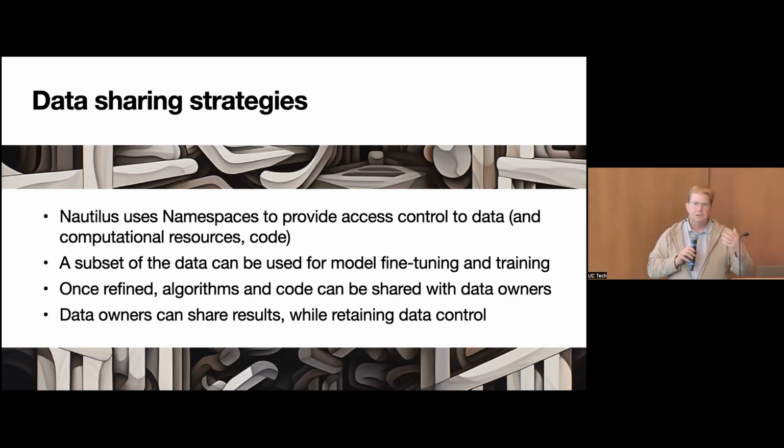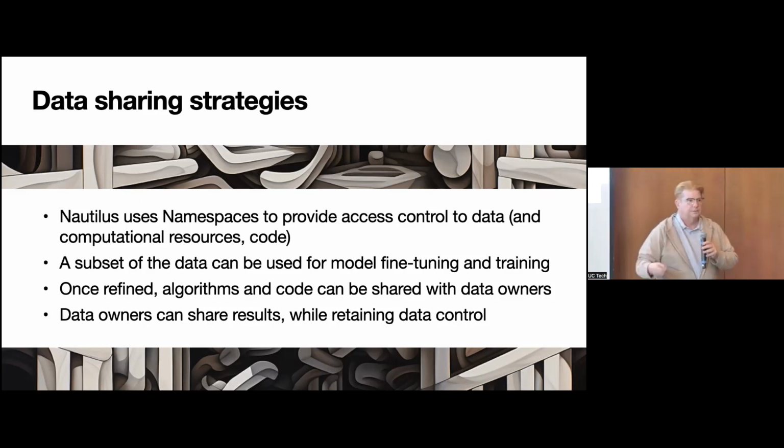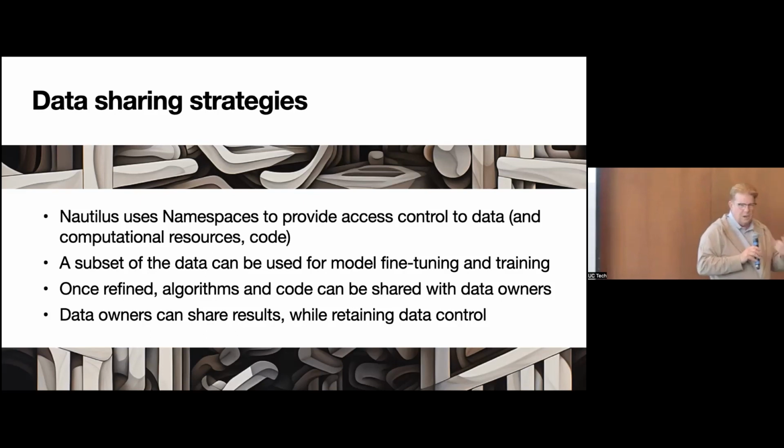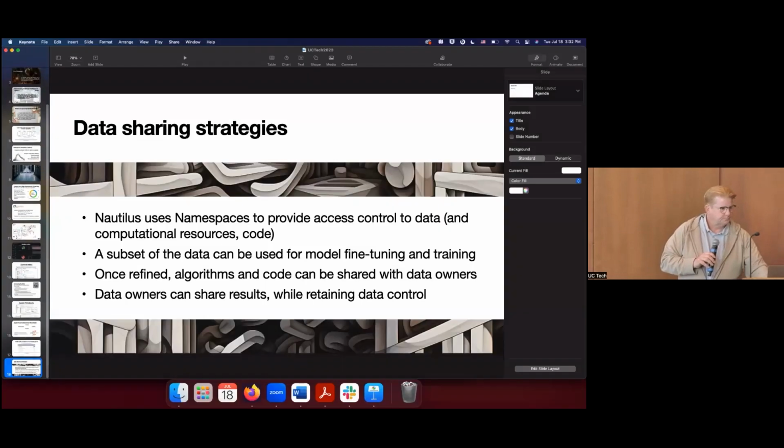In this classical Chinese project, we expect to use a subset of the data to develop the algorithms and tune our approaches and do this prompt engineering that I talked about. And once refined, we can share that model back to the data owners, and they can run it themselves and share their results.